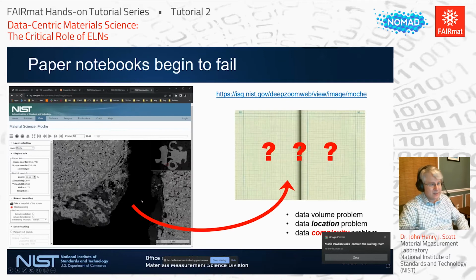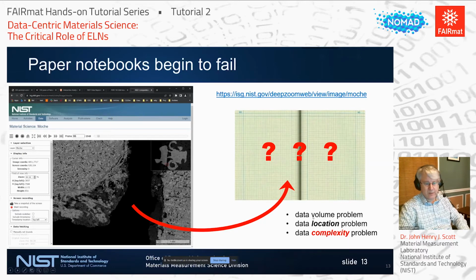The problem with this is there's really no way. You have this fancy web-based tool using JavaScript libraries to browse the data set like you would with Google Maps. But how would you fit that into a paper data set? There are a few different problems here. One is a data volume problem. It just physically, of course, won't fit. But more interestingly, there's also a data location problem. Now that you've stored these data sets on hard drives, how do you know where they're at?